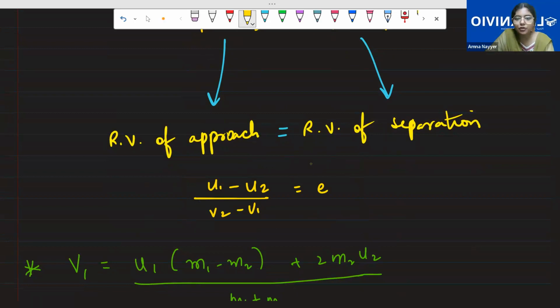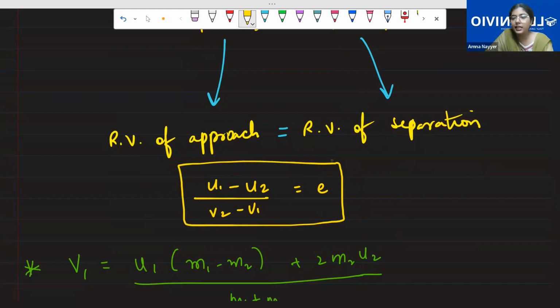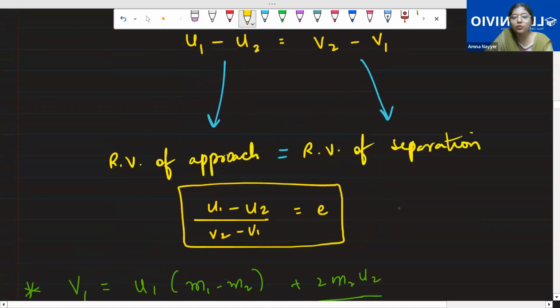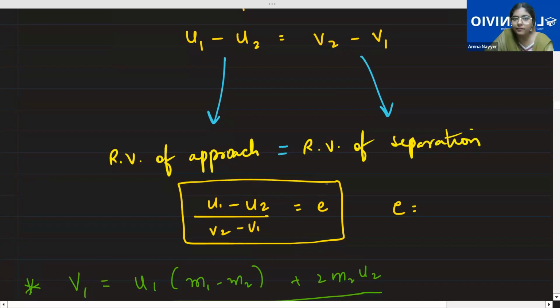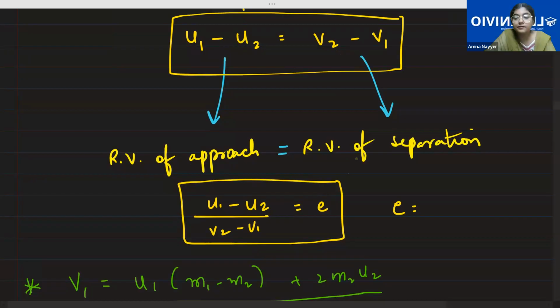So sometimes it comes to prove why they are equal. See, we know this is the formula of E. So if they both are equal, what is the value of E here? If this is the statement that I am getting, what should be the value of E?